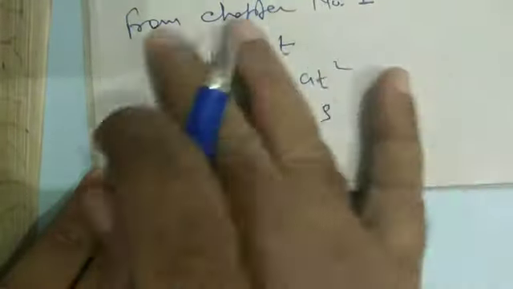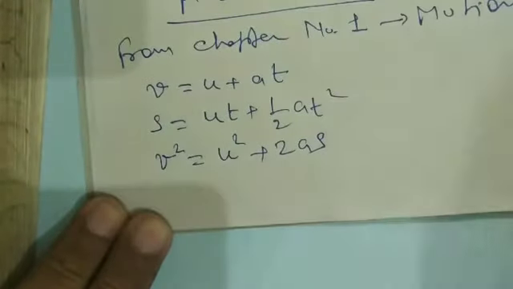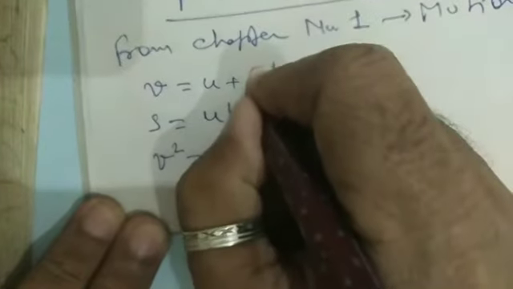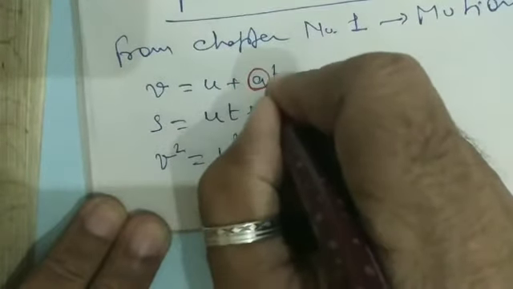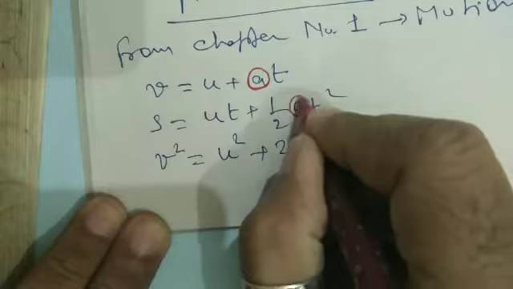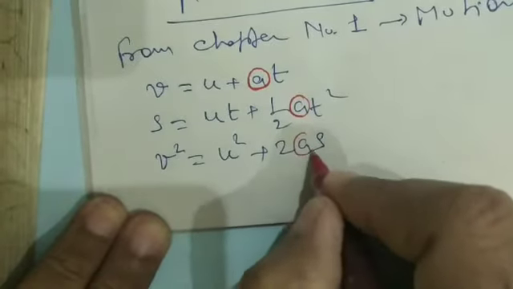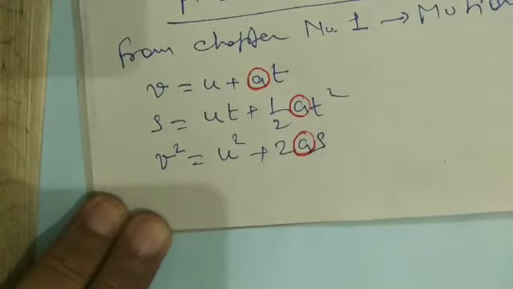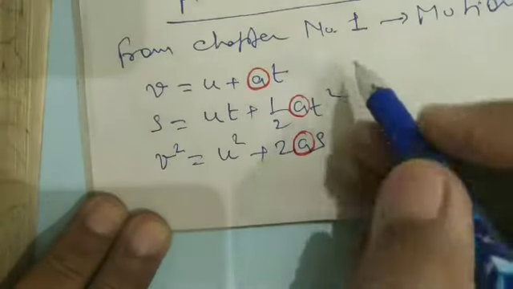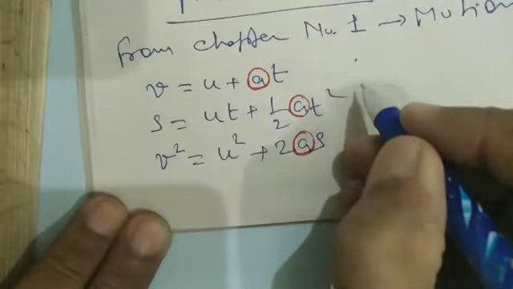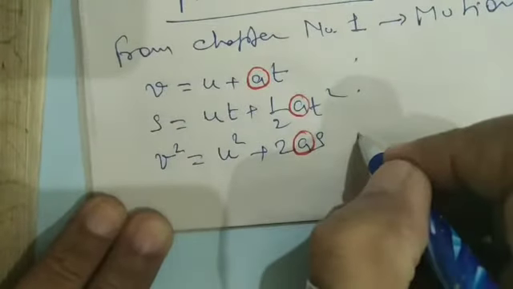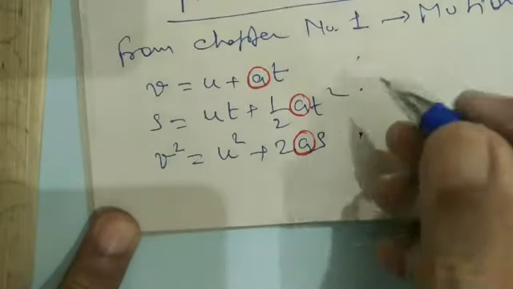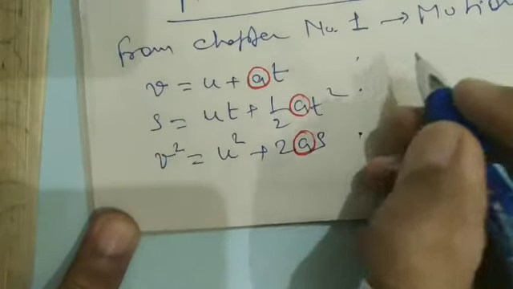You know about these equations very well, but here you see in all the equations acceleration is there. In all the three equations, acceleration is given. It means all the three equations maybe you have to use in the particular numericals according to the question.